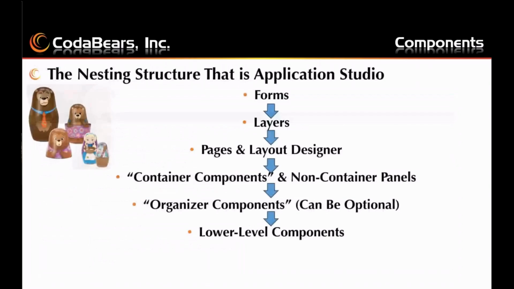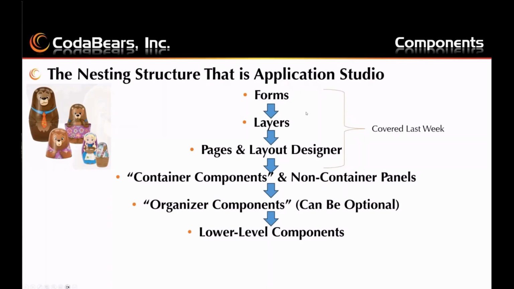Now let's talk about the nesting structure that is Application Studio. We talked last week just in a general sense about the forms, the layers, the pages, and the layout designer.